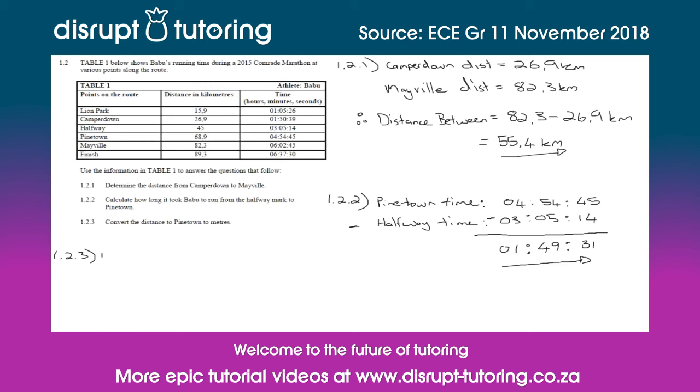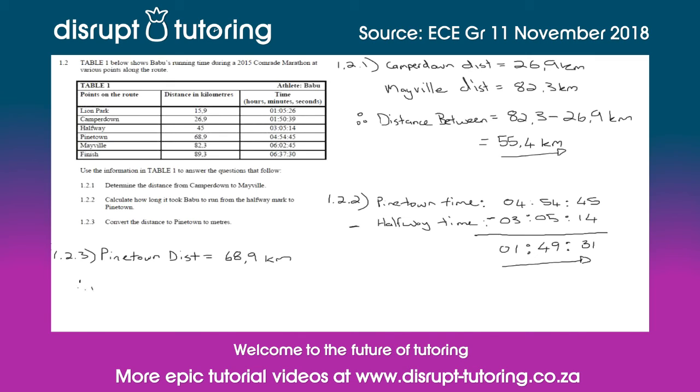So your Pinetown distance equals, so you read off 68.9 kilometers, and there are 1,000 meters in a kilometer, so we need to multiply this number by 1,000.